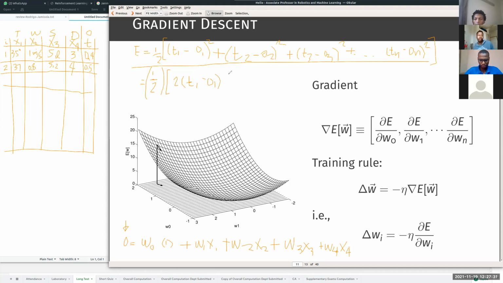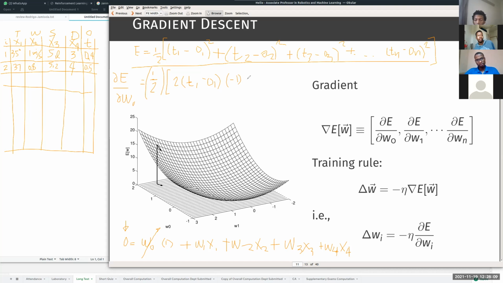The derivative of T1 is 0, and the O1 is based on the first input. So with respect to W0, we take the partial of E with respect to W0, which means we take the derivative of this with respect to W0. The rest of them are not with respect to W0, so this is just 1. The rest of them are 0, right? That's a 1.